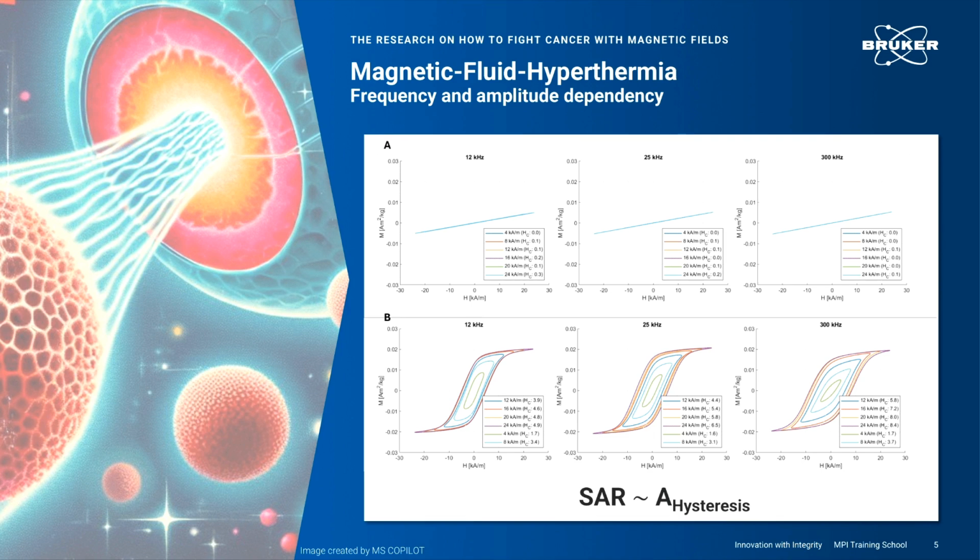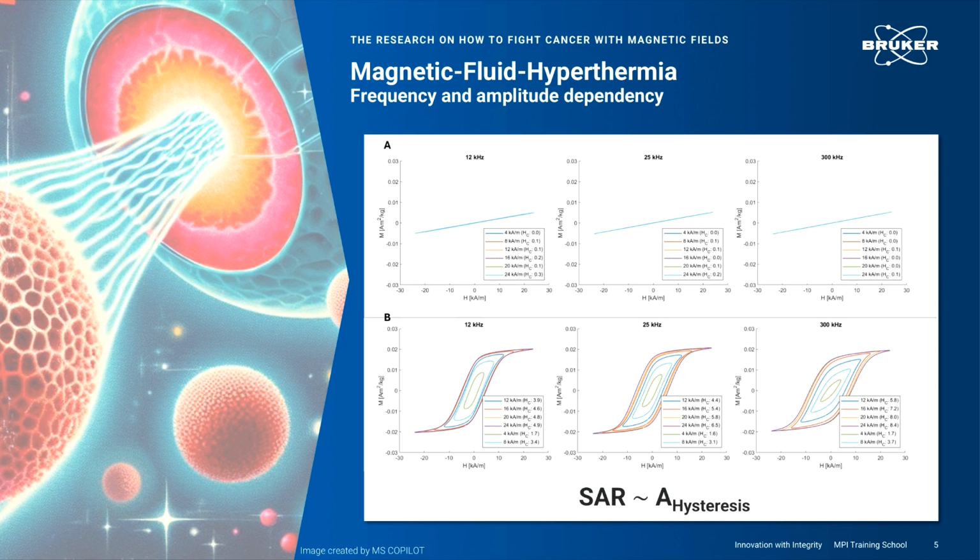Now, what we can measure with some devices is the magnetization response, so the hysteresis curve, for various frequencies: for 12 kilohertz, for 25 kilohertz, for 300 kilohertz. You then measure the area under the curve to calculate the specific absorption rate.